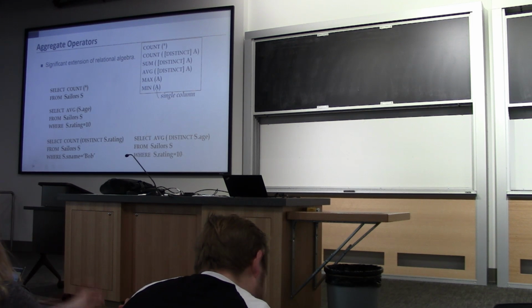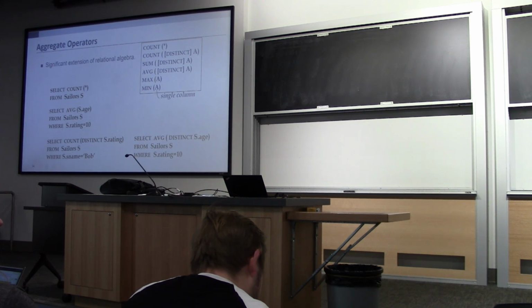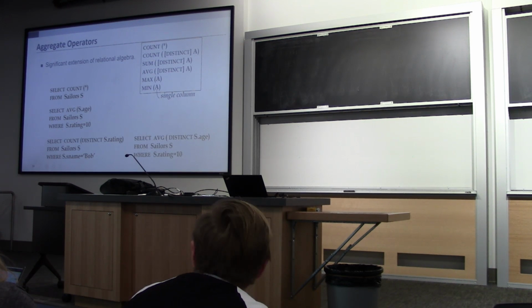Hence, in order to find the sailors with the smallest rating who reserve a boat, you cannot use operators such as minimum. Rather, you have to do a self-join. Think about the example we did. You have to do a self-join to find the sailor with the smallest rating.